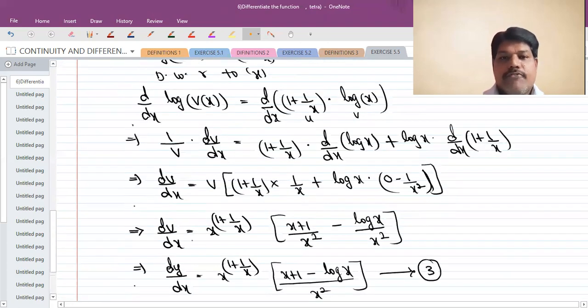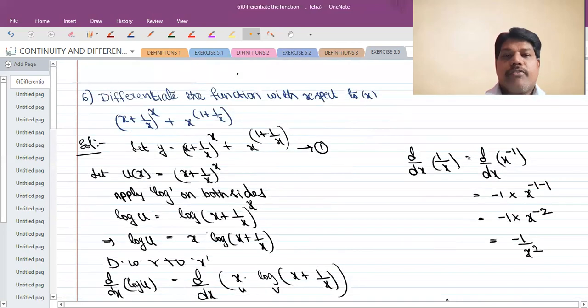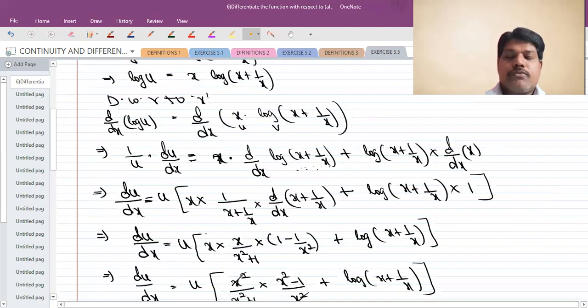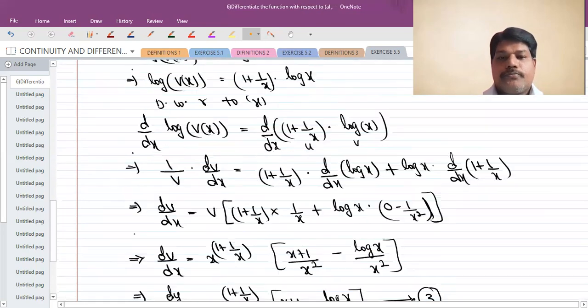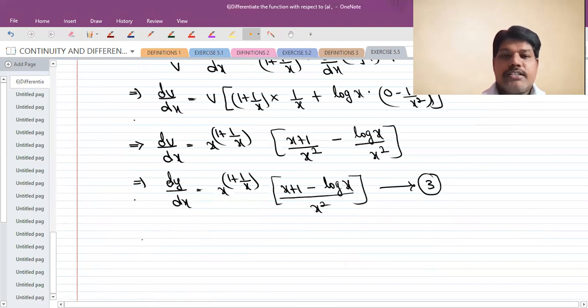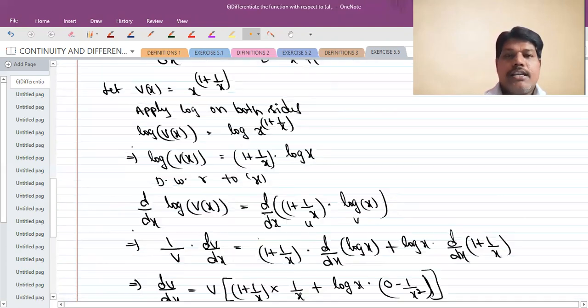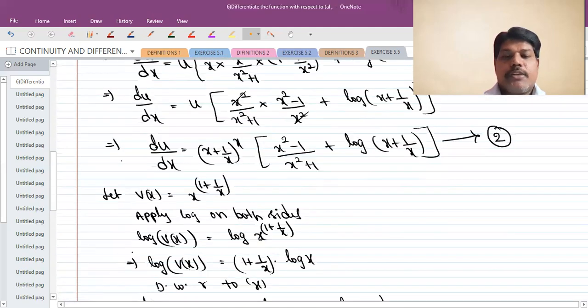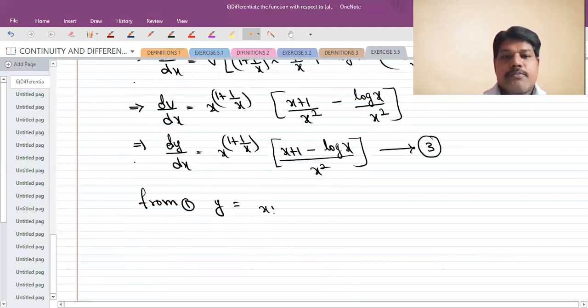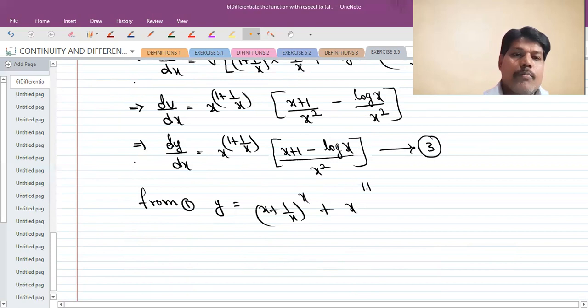So what is that one? What is the y value from equation number 1? Y is equal to x plus 1 by x whole power x plus x power 1 plus 1 by x.